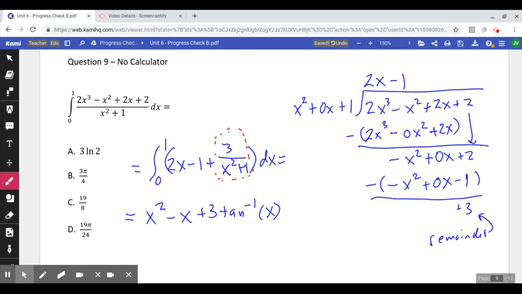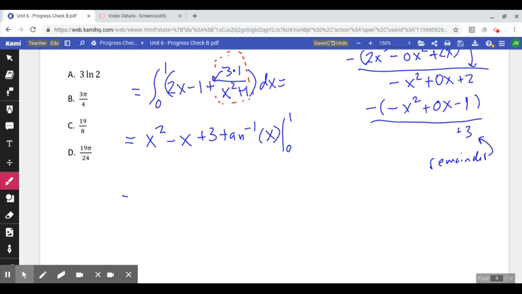So if you move that 3 to the front, this will be like a 1 up here. And recall your derivative work. The derivative of the inverse tangent of x is 1 over x squared plus 1. We don't need the plus c here because we're going to be evaluating this from 0 to 1, and the c's will always cancel out.